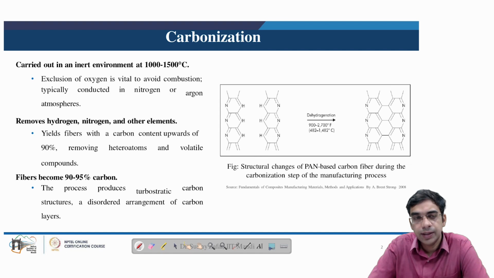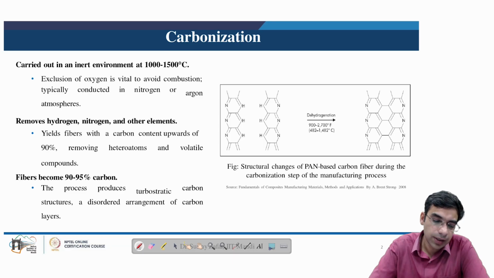This carbonization step helps to remove hydrogen, nitrogen and other elements, yielding a fiber with a carbon content upwards of 90%. It removes heteroatoms and volatile compounds. The fiber becomes 90 to 95% carbon. The process produces turbostratic carbon structures, a disordered arrangement of carbon layers.